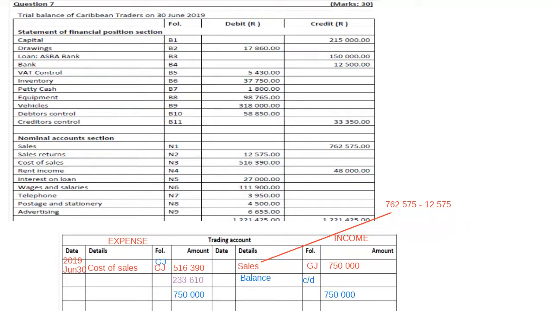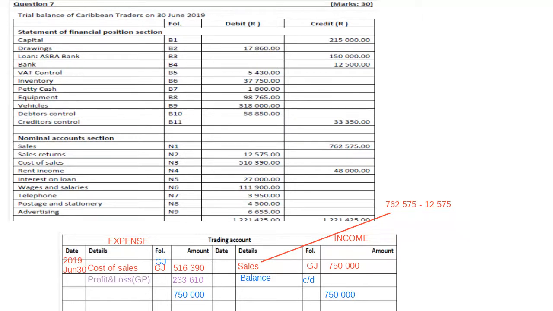I just said 750 minus 516. Okay, please ask me a question if you are. Thank you, for that. And then we call this gross profit, but gross profit goes to profit and loss. As I'm just going to abbreviate here, guys, because of space, profit and loss. Okay, in brackets, you can just write GP.